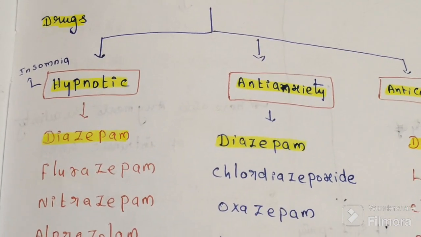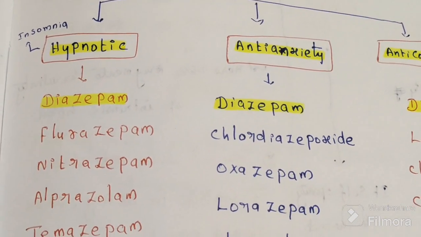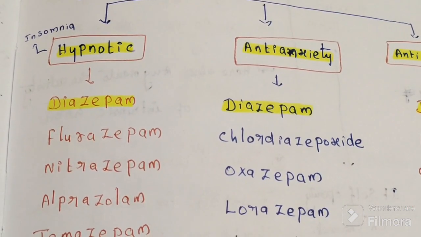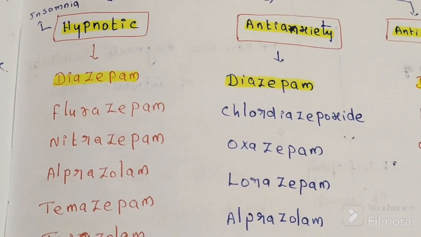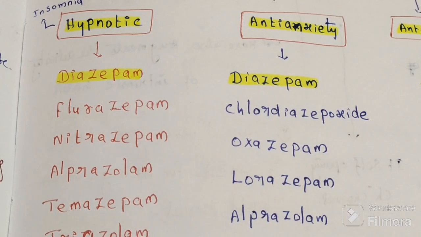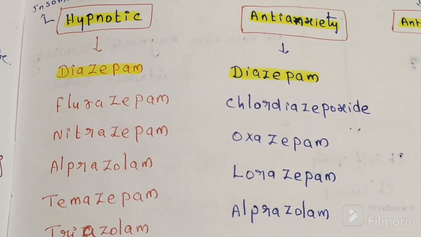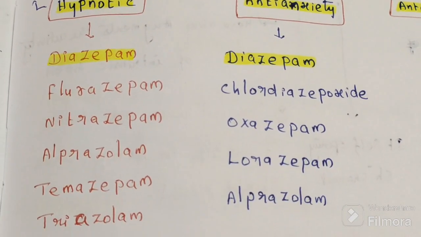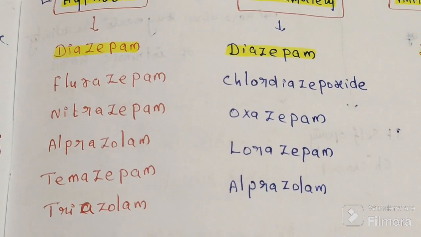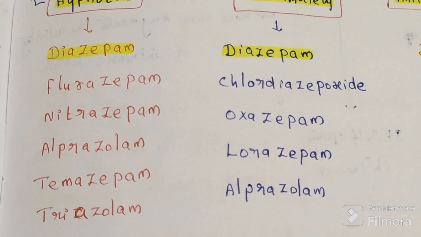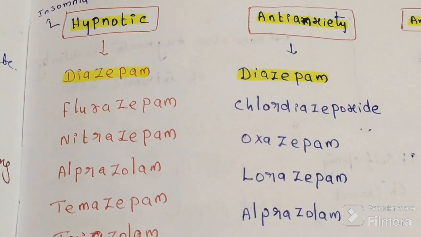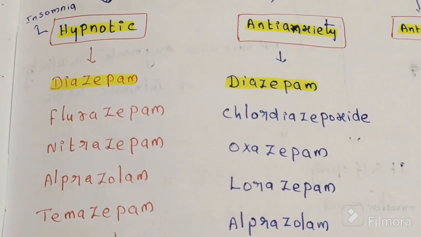In hypnotics we have diazepam, flurazepam, nitrazepam, alprazolam, and triazolam. These are the drugs that come under hypnotics.